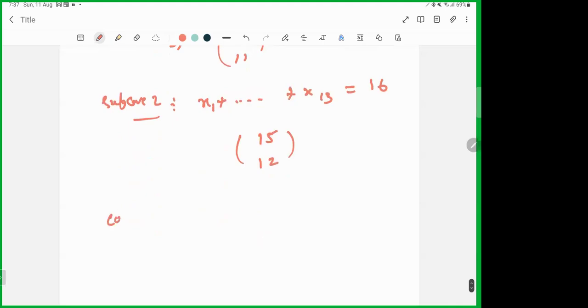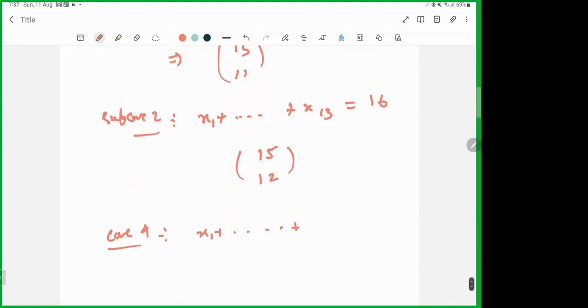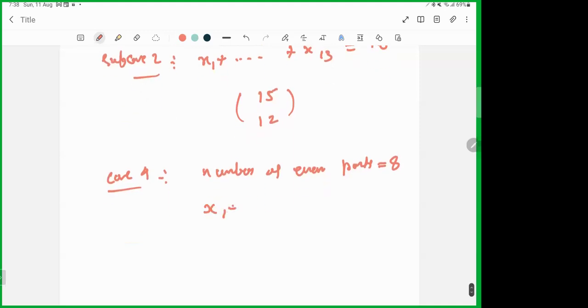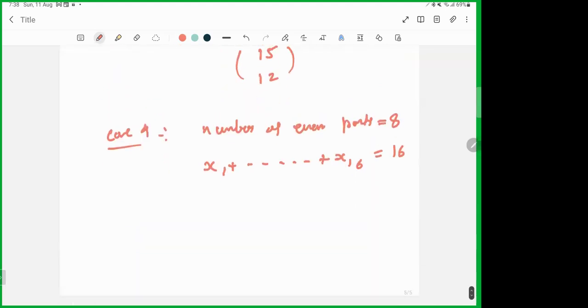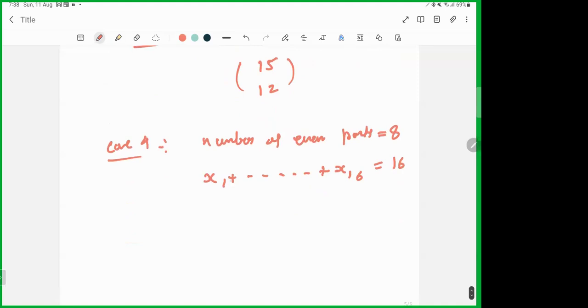Now the last case, where the number of even parts is 8. There will be only one case here: x1 plus x2 plus ... plus x16 equals 16. So that is 15 choose 15, which is 1.